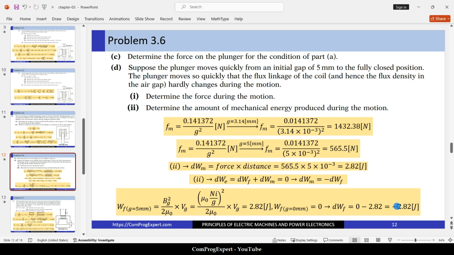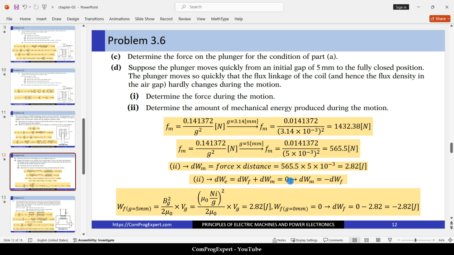Negative of this, right number, 2.82 is 2.82. The change in the value of the mechanical energy. We derived it using two different methods, using this force times distance or this equation.